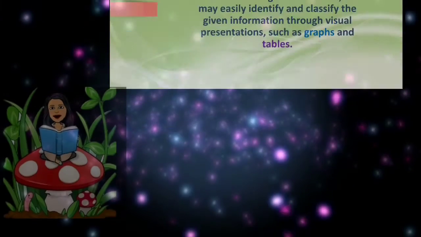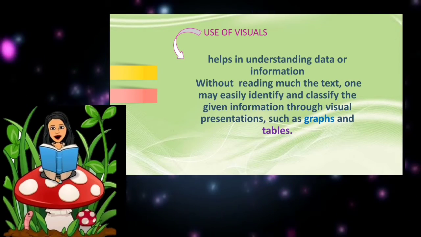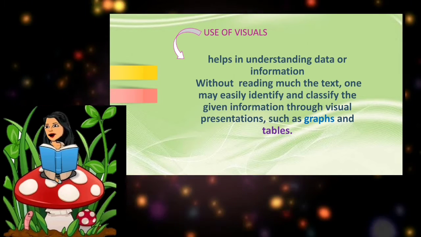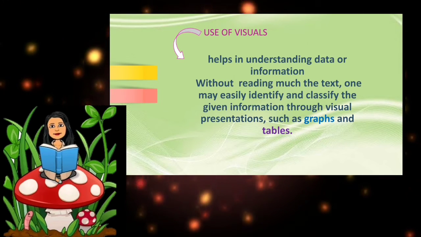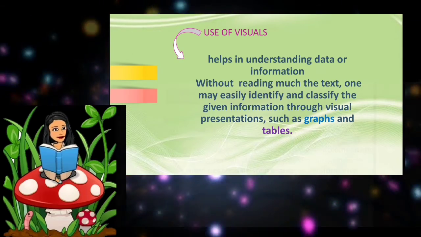The use of visuals helps in understanding data or information. Without reading much of the text, one may easily identify and classify the given information through visual presentations, such as graphs and tables.